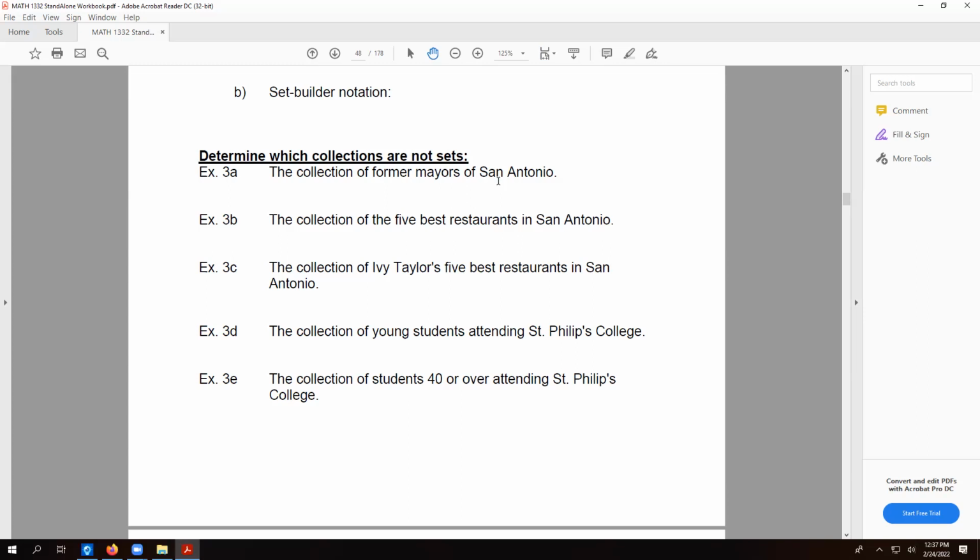So that's a good point. If you have 5 restaurants, who decides they're the best? Are they in fact the best? So 3B is not a set because it has to be an opinion.